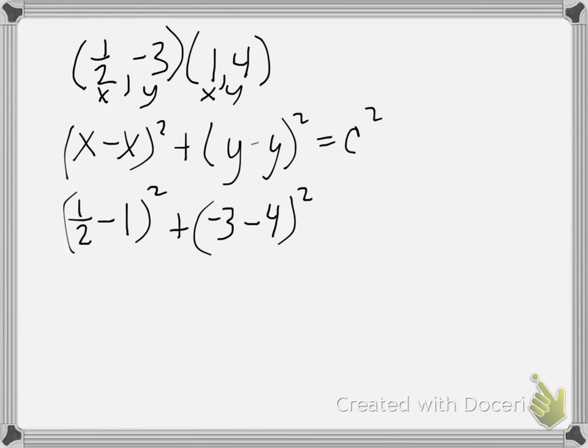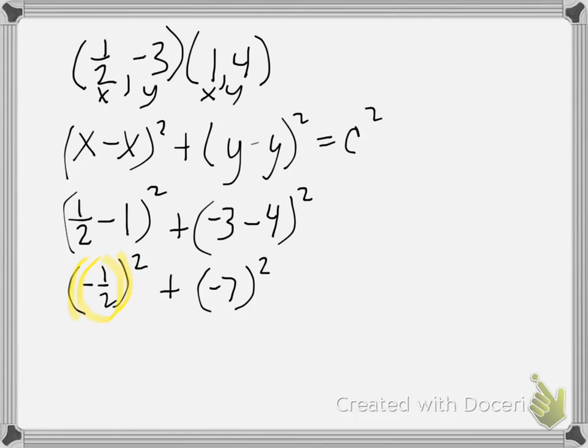Use your calculator. Half take away 1 is negative 1/2. And negative 7 squared. When you use your calculator and you're squaring a negative fraction, use parentheses around it. Otherwise, your calculator will see it as a negative 1 times 1/2 squared.